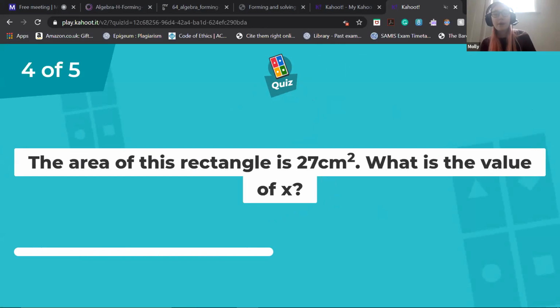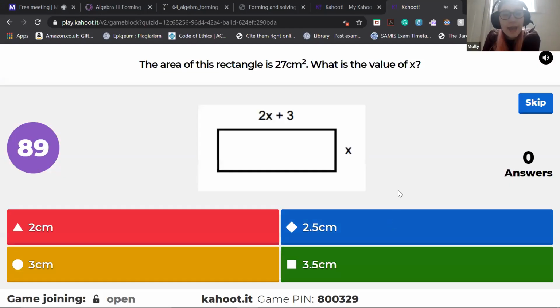Okay, now we've got one about an area. So the area of this rectangle is 27 centimeters squared. So how can we find out what the value of x is? So give this one a go. Bit trickier because we're going to have a quadratic in here.